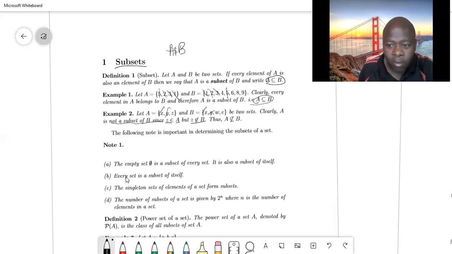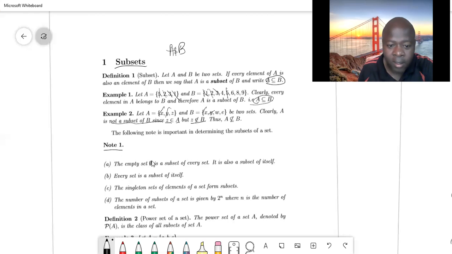Now, how do we tell the subsets of a set? Supposing you're given a set and then you're asked to list the subsets. How do we tell how many subsets there are and which are the subsets? So I've given this note 1 to guide us.